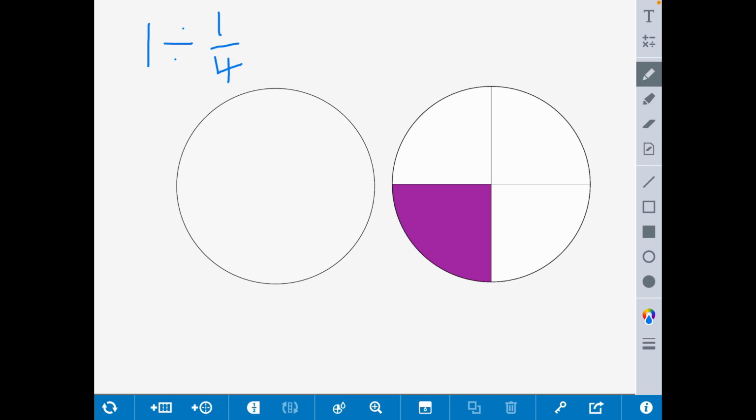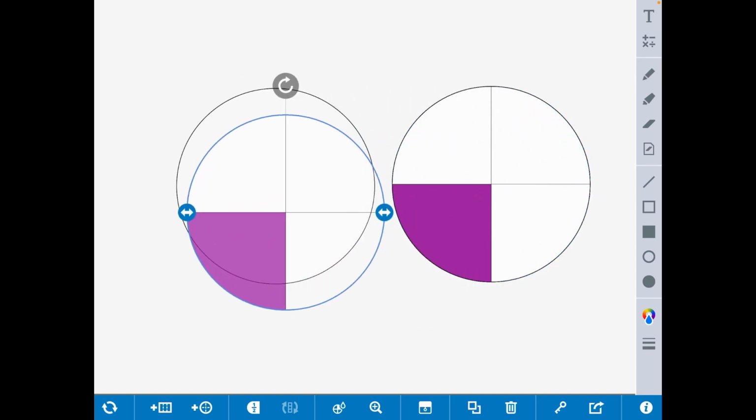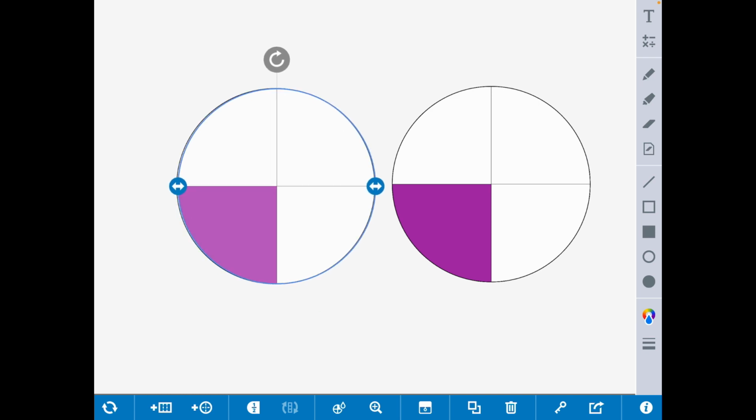So if I do a little recap of our last video, we were looking at the kind of questions where we had 1 divided by 1/4, and we looked at that by chopping our 1 up into piles of 1/4. Another way to look at it is to see how many times does 1/4 fit into 1. So let's just revise that. I'm going to see how many times I can fit a quarter into 1. It goes in once.